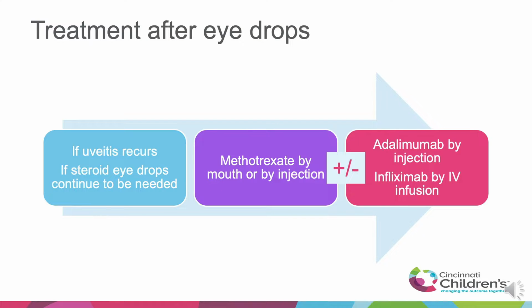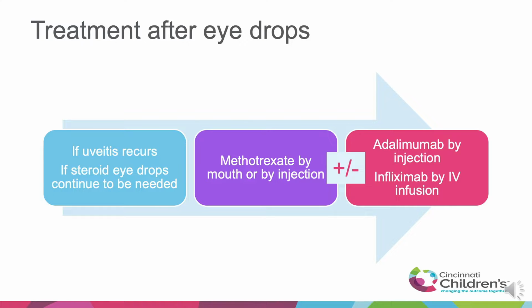The next question, though, is what happens if the eye drops are not enough to control inflammation? What if your child is unable to stop the eye drops, or the uveitis returns after you stop it? Often, we recommend that these children are started on other medications. We worry about the continued persistent use of steroid eye drops because they can cause side effects such as cataracts and glaucoma.